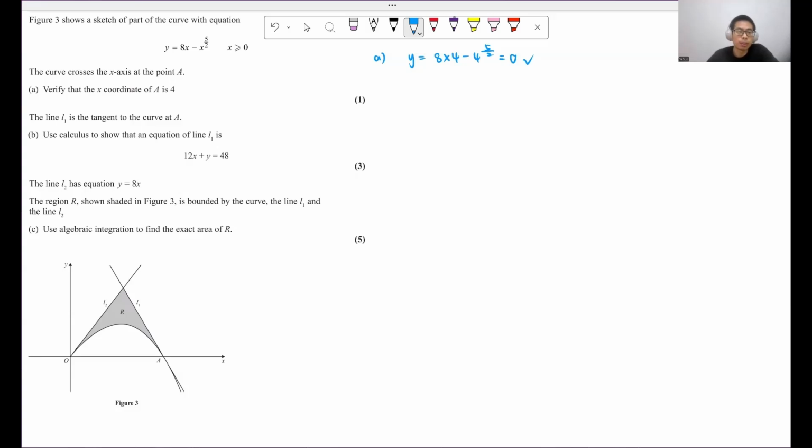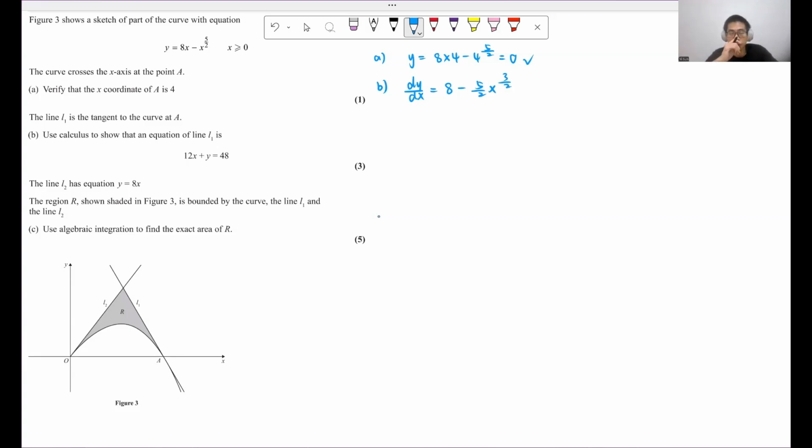And then for part B, the line L1 is a tangent to the curve at point A. Use calculus to show that the equation of line L1 is 12x plus y equal to 48. If there's a tangent line, that means we need to use differentiation to find the gradient first. So dy over dx is equal to 8, and then minus 5 over 2 x to the power 3 over 2.